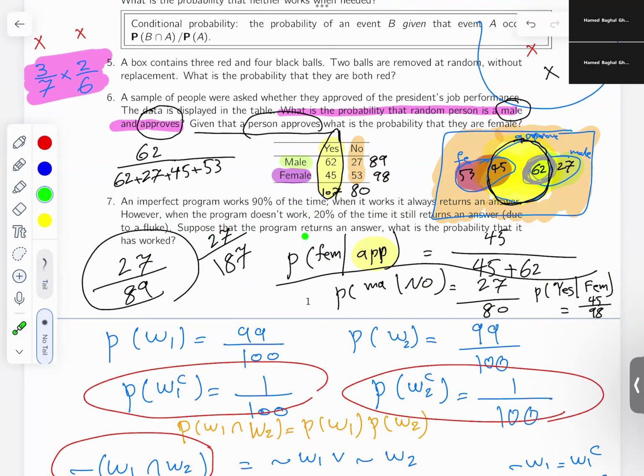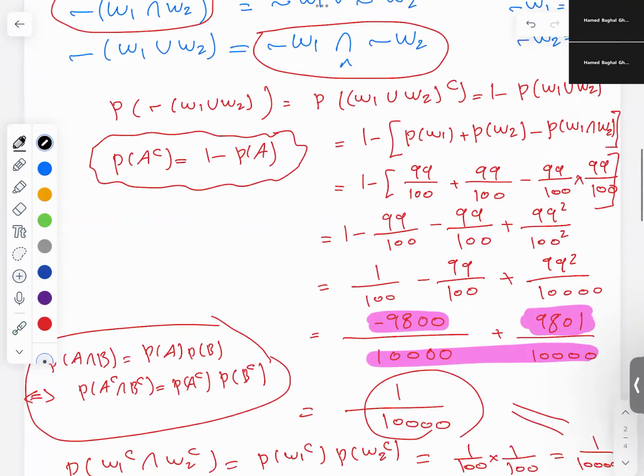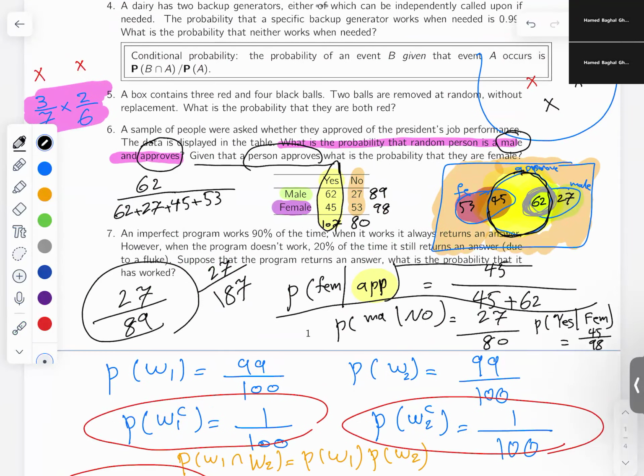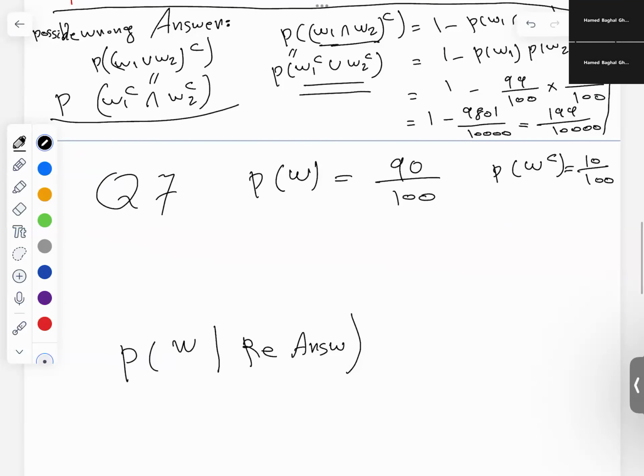Suppose that the program returns the answer. The condition: returns the answer. Okay. The question: suppose that it returns the answer, what is the probability that the machine works? W. When it works, it returns the answer.